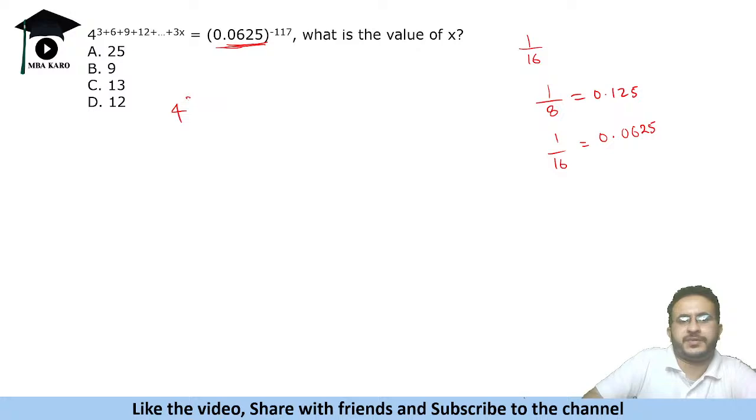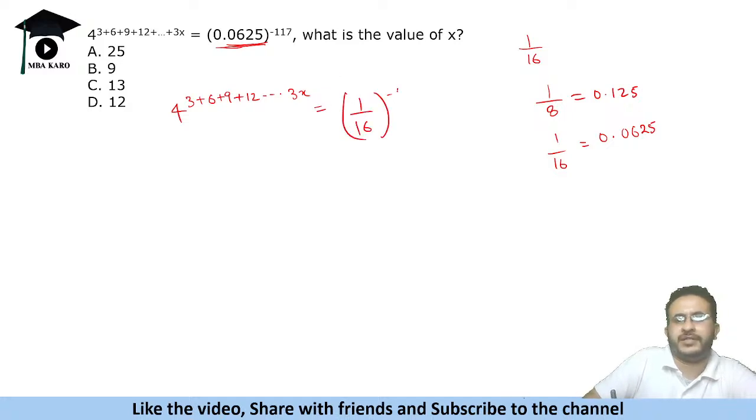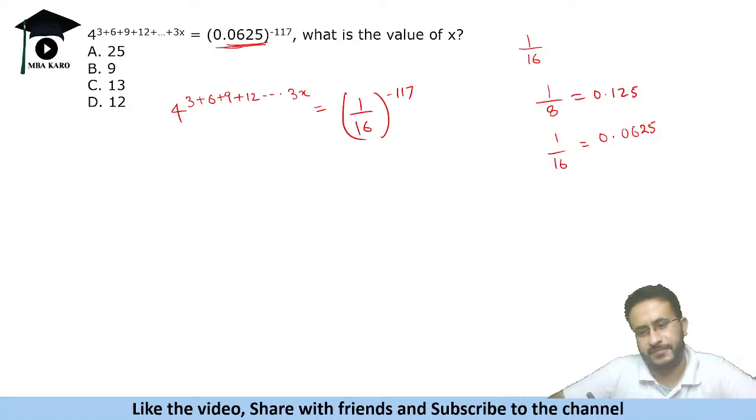So we have this expression 4 to the power 3 plus 6 plus 9 plus and so on till 3x is equal to 1/16 raised to the power minus 117. Okay.